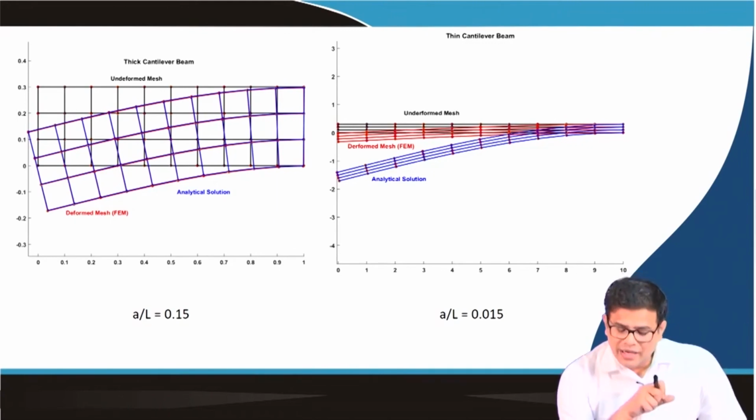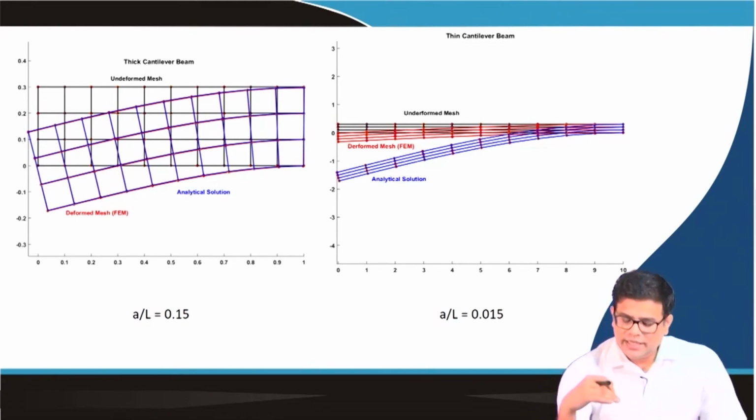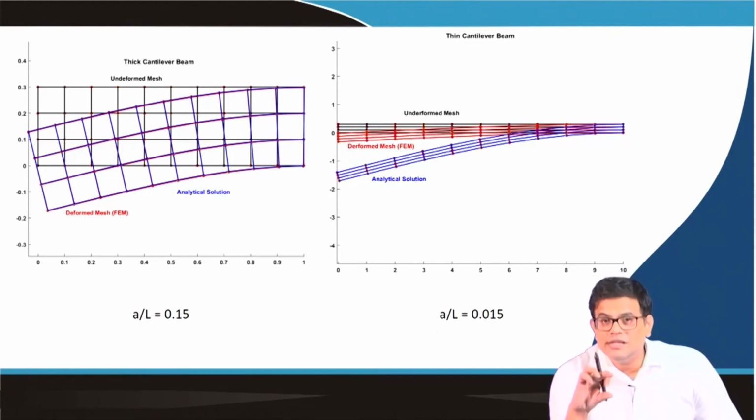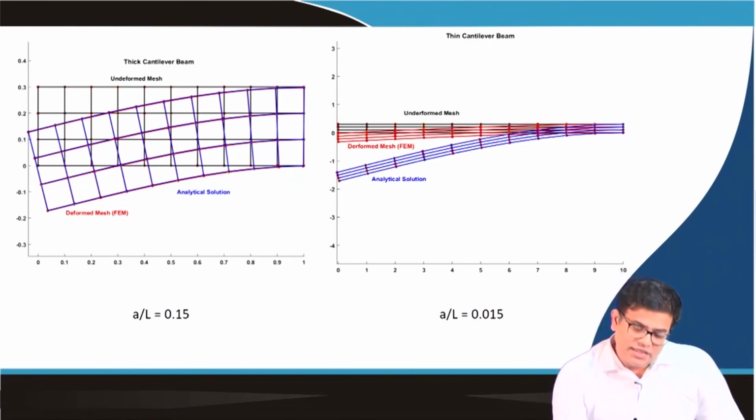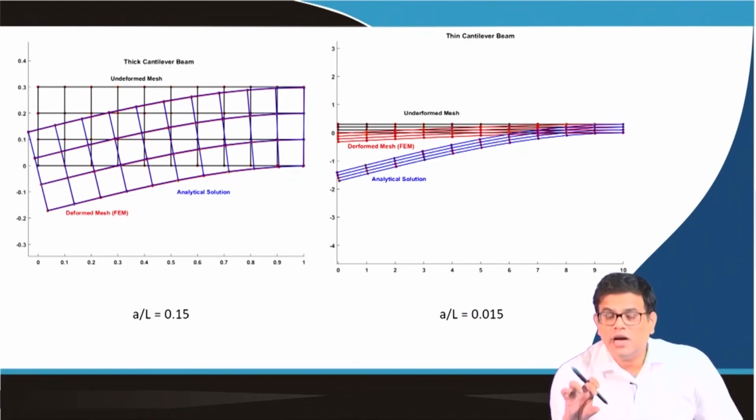On the other hand, if you take the aspect ratio a little less, where the A by L ratio is 10 times less, that is 0.015, that means I increase the length of the beam and still keep the 0.3 thickness, then my aspect ratio will go down.